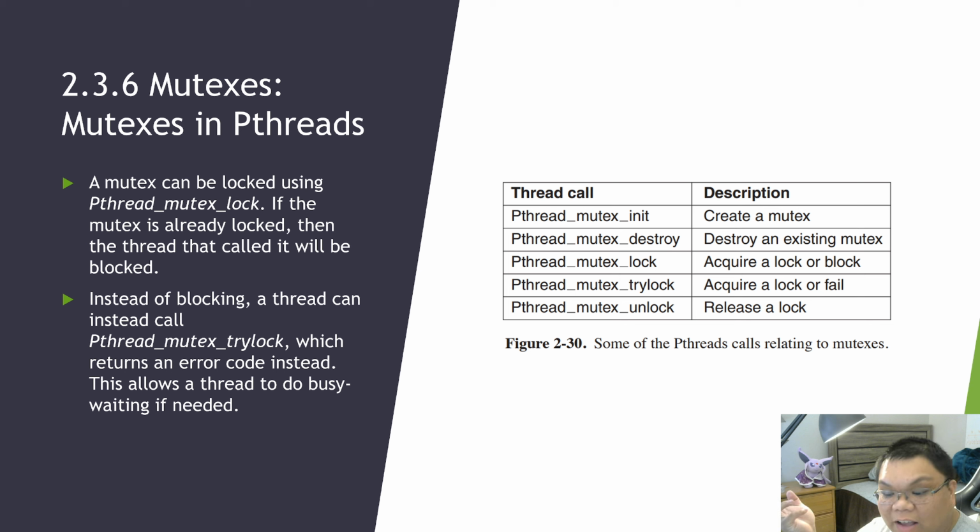Someone needs to get a lock so they can lock themselves into the critical section, and when they're done, they unlock it, free themselves, and then hand the lock to someone else so that they can lock themselves into the critical section.